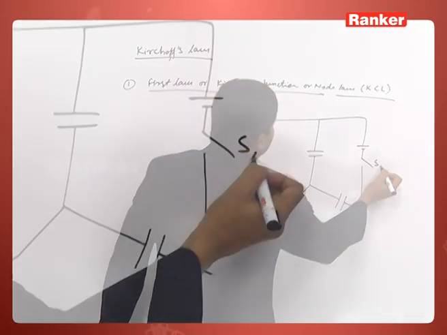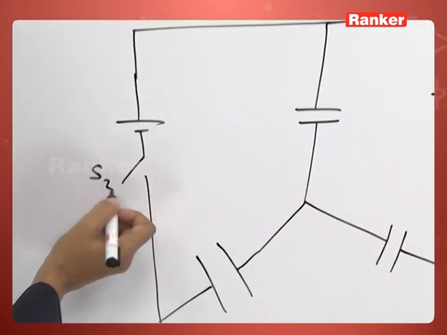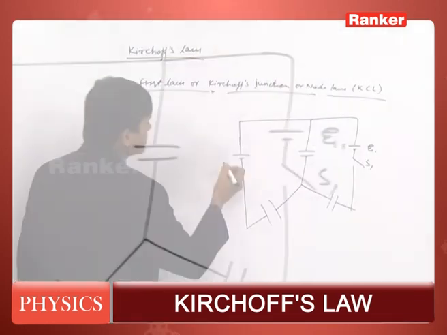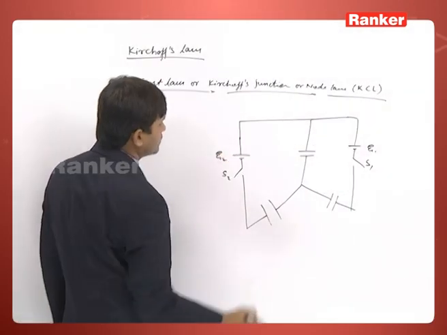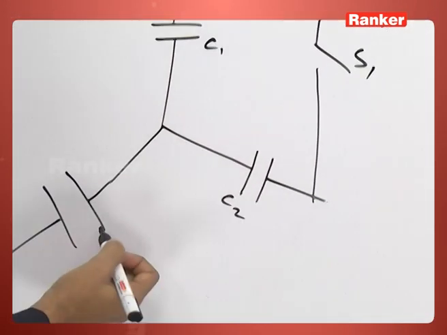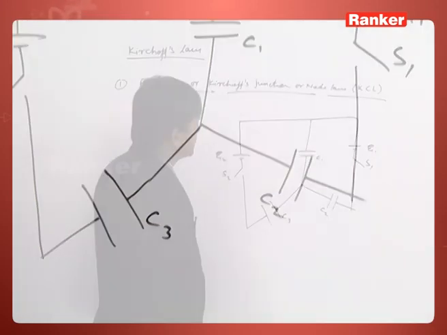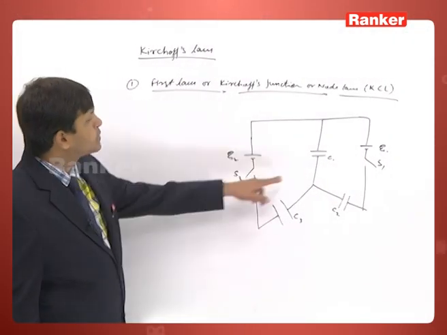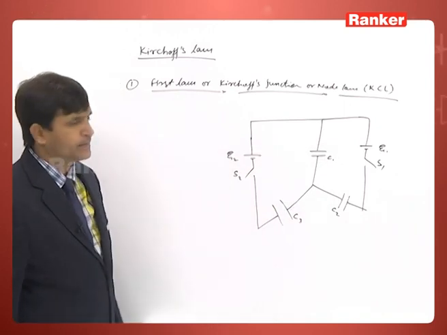Let S1 and S2 be the two switches, and the EMF of this cell is E1 and this is E2, and these capacitors have capacitance C1, C2 and C3. For example, initially switches S1 and S2 are open.